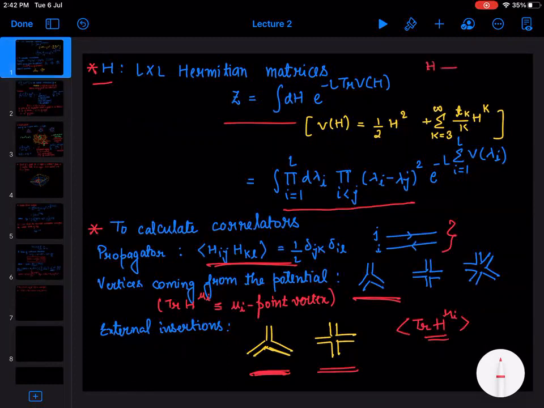This partition function is symmetric under H goes to U lambda U dagger, where lambda is the diagonal matrix with all the eigenvalues, and U is the diagonalizing matrix. So our partition function is symmetric under this. If I just put V of H, then it will not be invariant under this. That's why I need a trace. So I have to take the trace. Thank you.